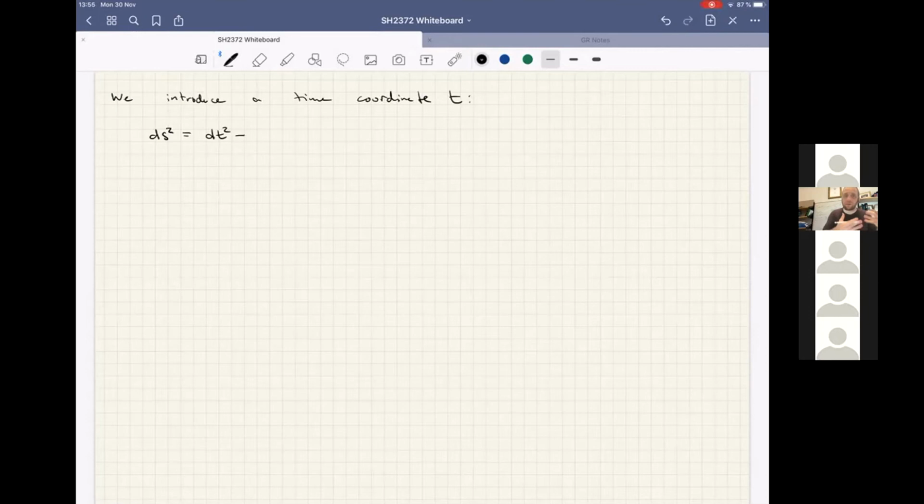In general, we want the size to depend on time. So we introduce some function a of t squared, which is called the scale factor, and then multiply that by this spatial metric.